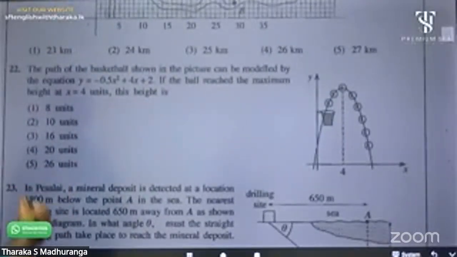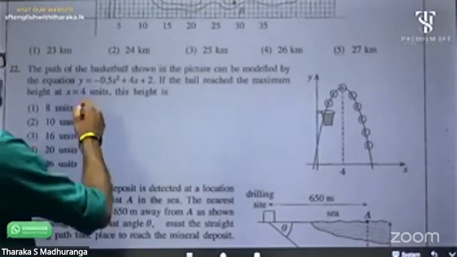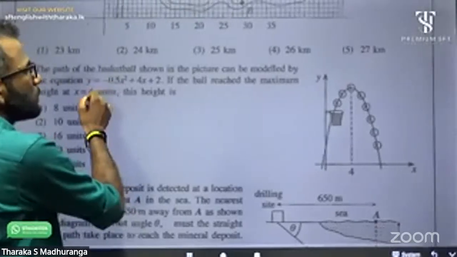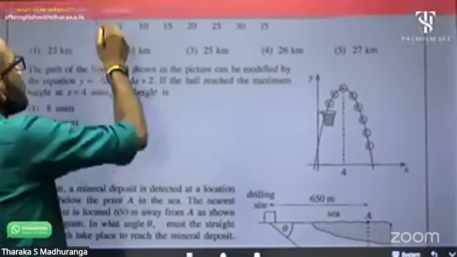MCQ question 2021, question number 22. The path of the basketball shown in the picture can be modeled by the equation y equals 0.5 x squared plus 4x plus 2.